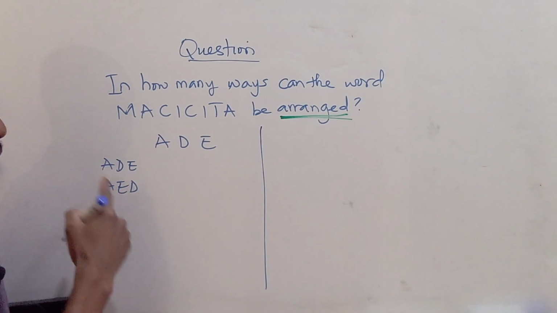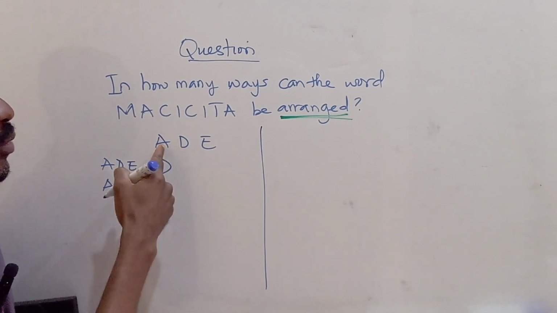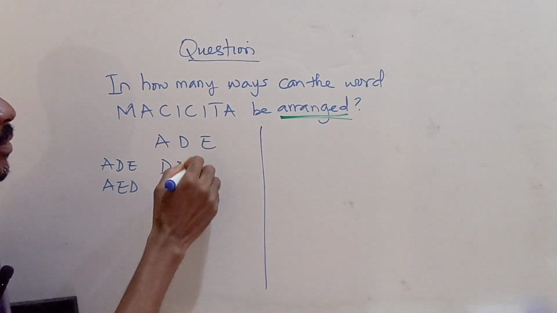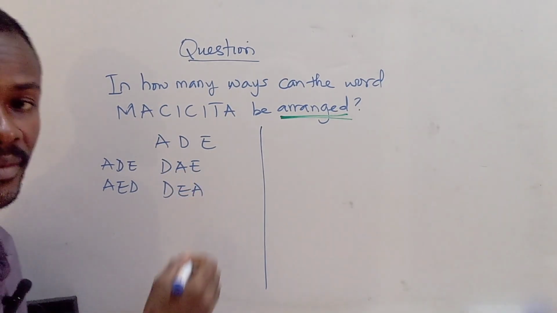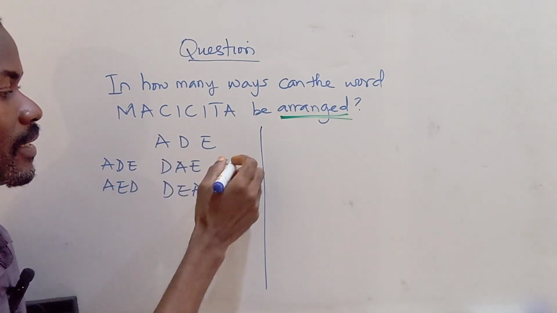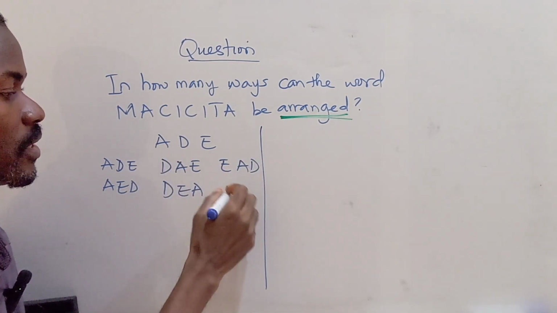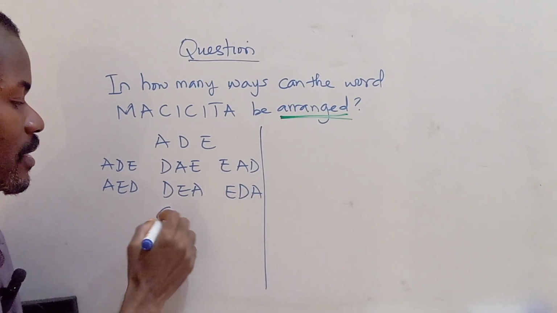These are the two ways when you start with A. What about when you start with D? If we are starting with D, we can say DAE, or say DEA. We can also start with E and end with AD, or say EDA, or E then A then D.